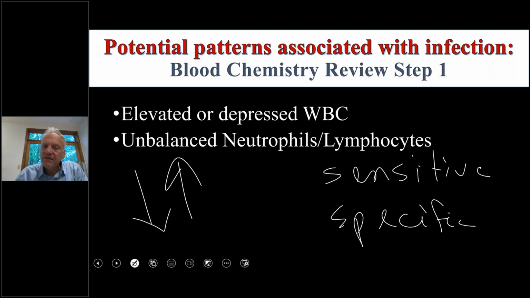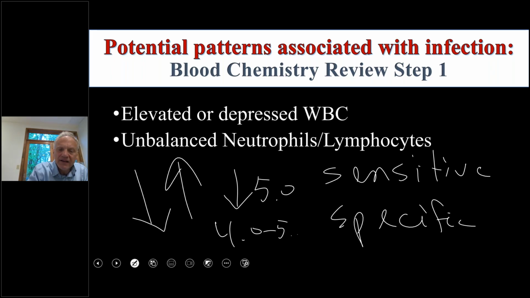So it is sensitive. If you have an infection, it's going to manifest somewhere in those white blood cells. Problem with it is there are many things that can actually move the white blood cells around. Like you could have a chronic virus, and chronic viruses love to have the white blood cells below 5. They like to be somewhere between 4 to 5 when you have chronic virus.